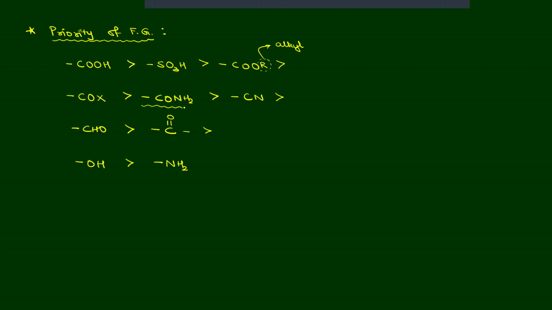This was categorized as amides and this is categorized as amine. The difference is when you have a C double bond O bonded with a NH2, together it's one functional group called amide. Do not say it's a combination of two functional groups, ketone on the left and amine on the right.